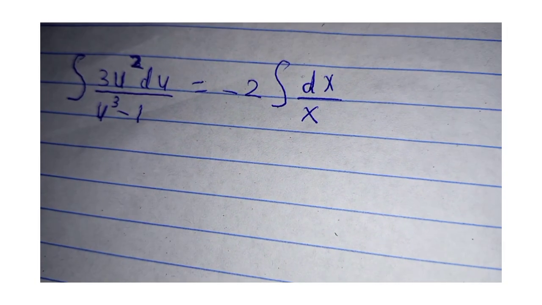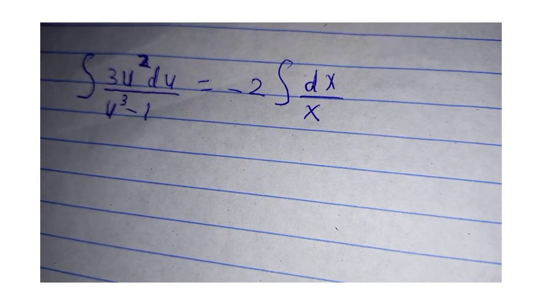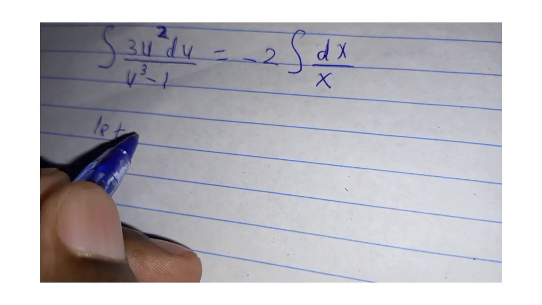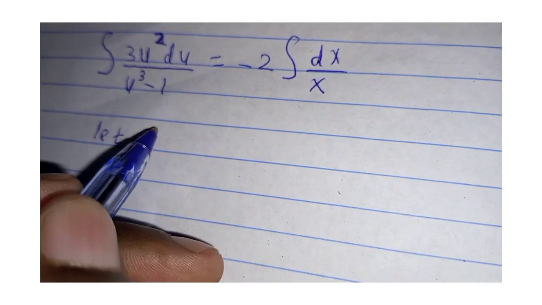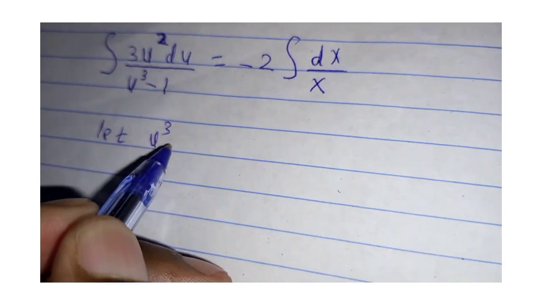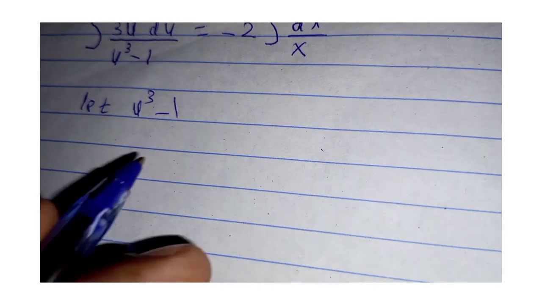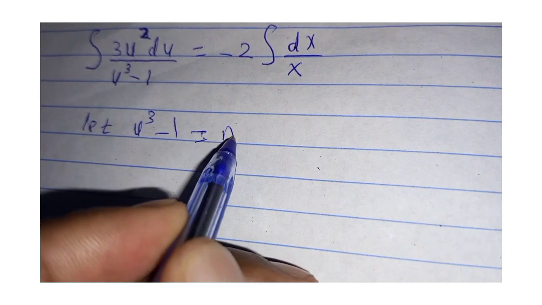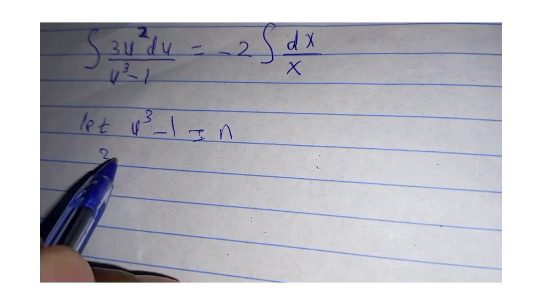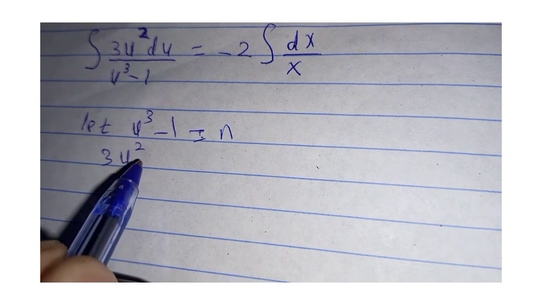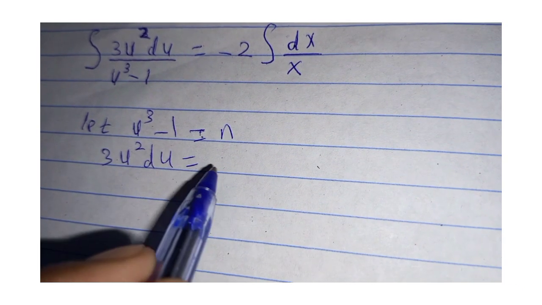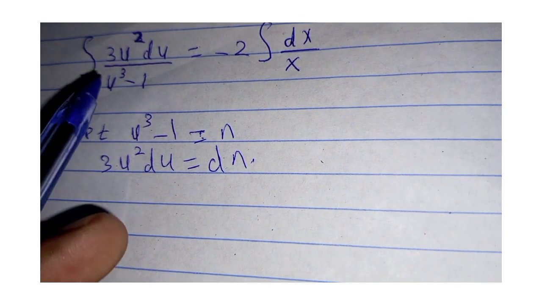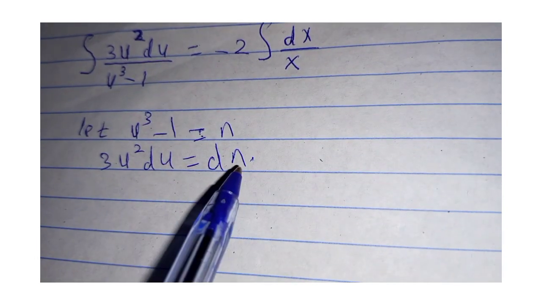So to integrate the left hand side, we are going to let our denominator, which is u cubic minus 1, be equal to, let's say, n, so that now we are going to have 3u squared du is equal to dn. Where you have 3u squared du, you substitute it with dn.